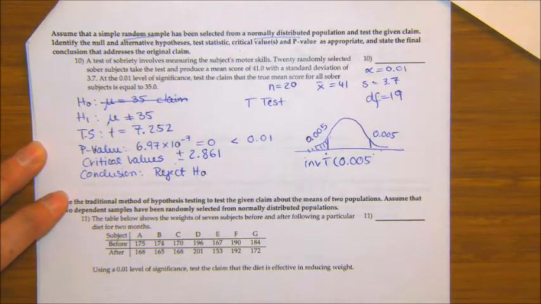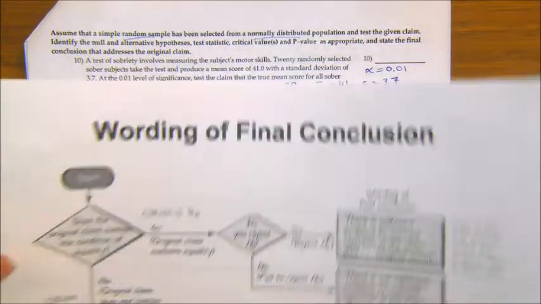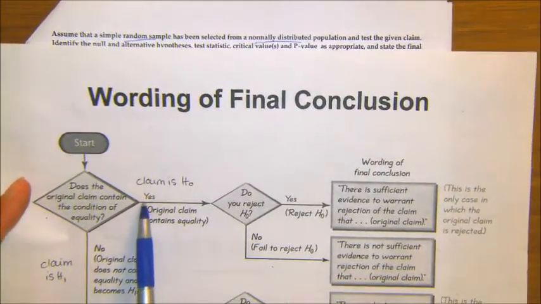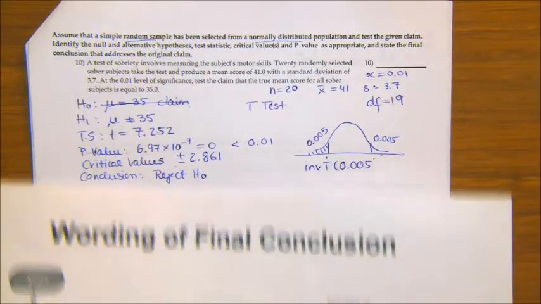All right, let's look at our conclusion. Our original claim did include equality over here, so yes, the answer is yes. When it says did you reject it, we said yes, we rejected it.